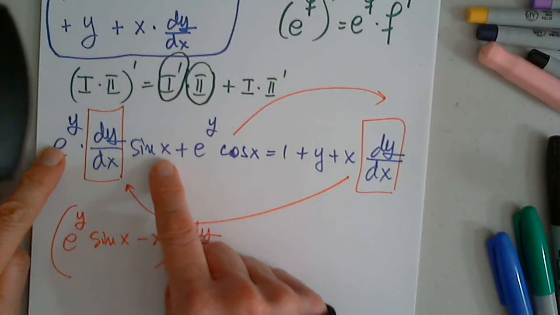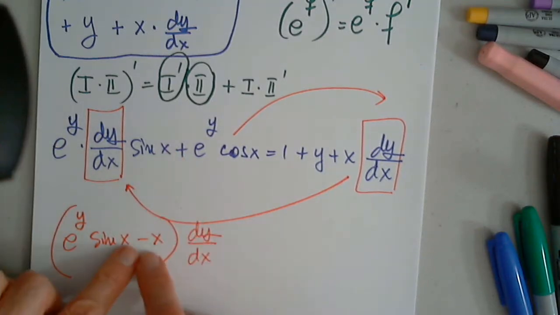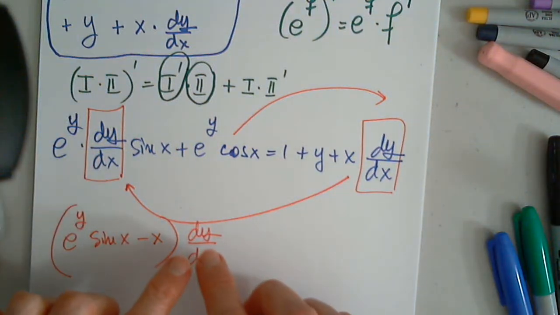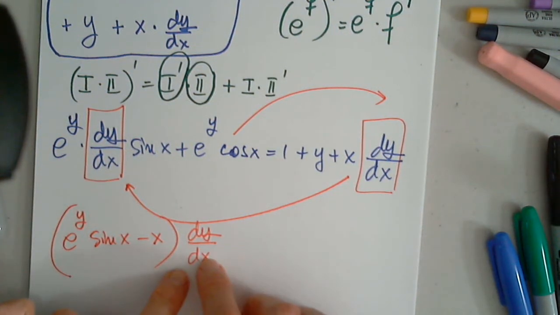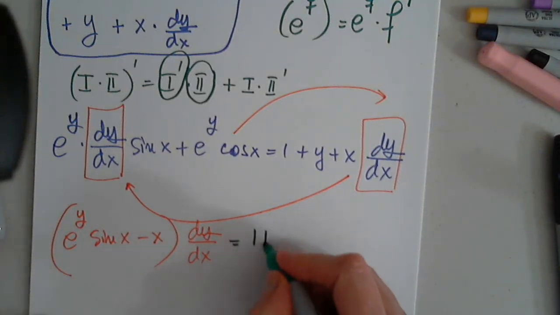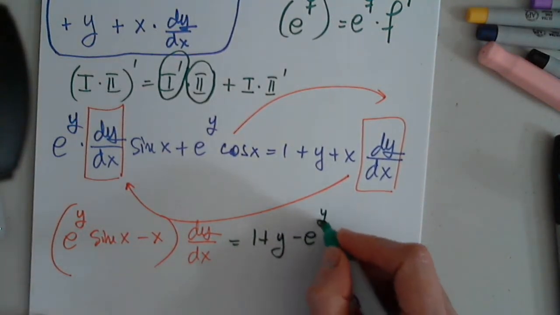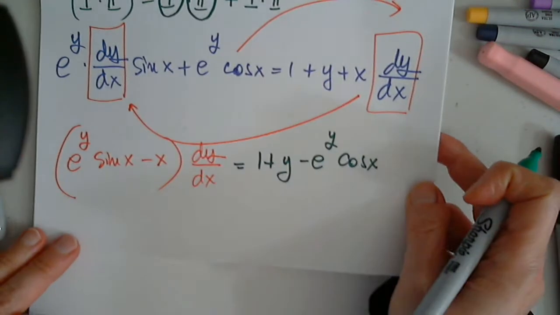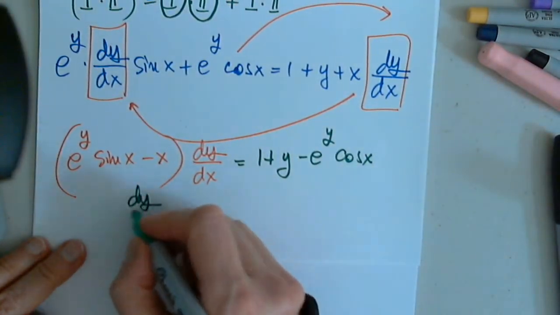The e to the y sine x and the x, they both have the same factor, which is the variable in the problem. And then on the right hand side I have 1 plus y minus e to y cosine x. And now can anyone give us the final form of dy over dx?